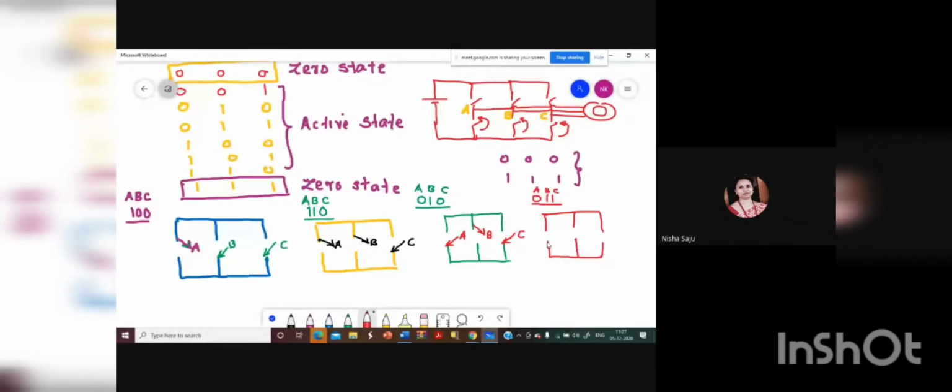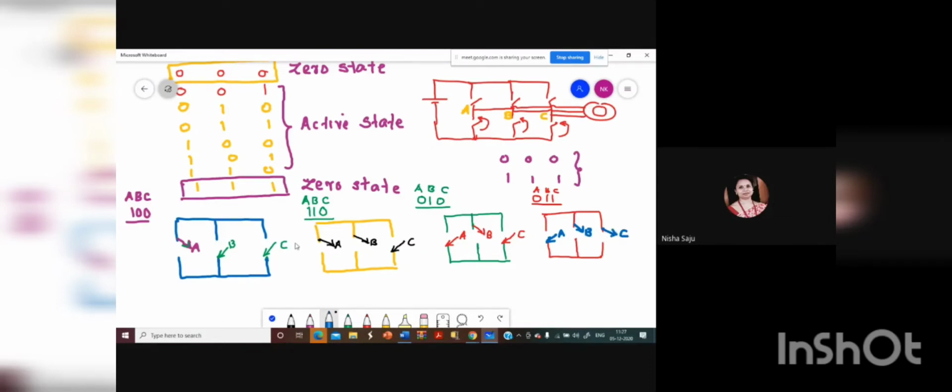So this represents your 0 part, that is A connected to the A pole. And B and C are 1, so the top switch will be in the 1 position and that will be connected to pole B. And here also the top switch will be 1 and that will be connected to the C pole.